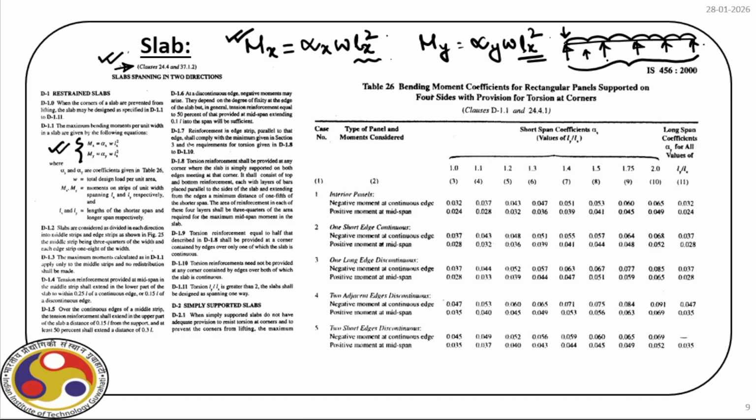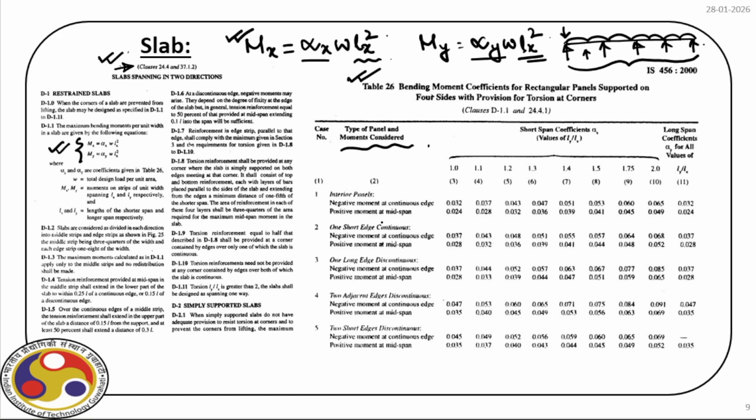For that, we have a dedicated table 26 where we can get these alpha x and alpha y values depending on the different types of panel and different types of moment that we can have.